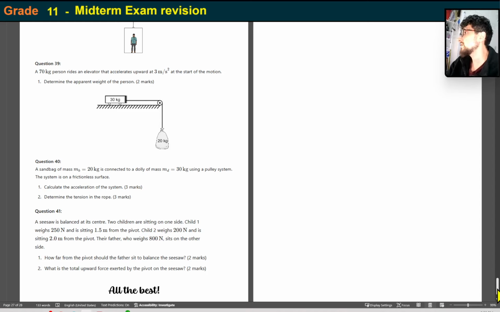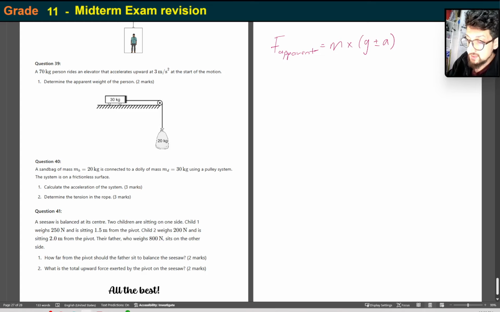Well, if you look at the formula sheet, your F apparent is going to be mass times gravity plus or minus acceleration. Because the person is going up and they feel the force of the elevator floor pushing on them, they're going to feel heavier.